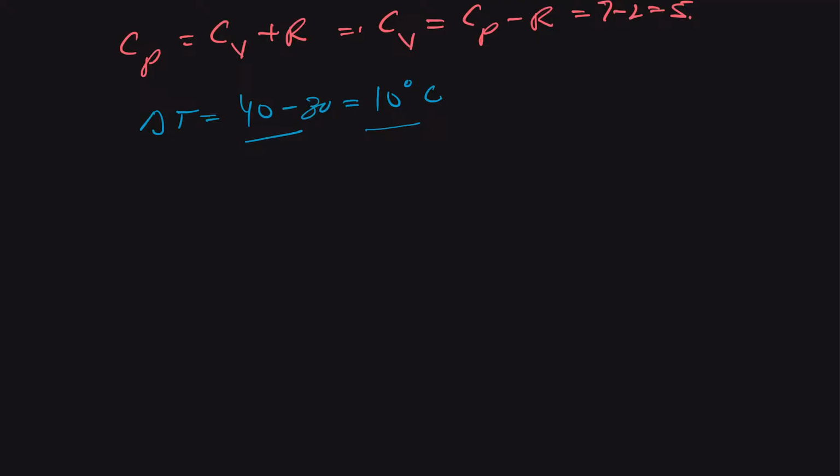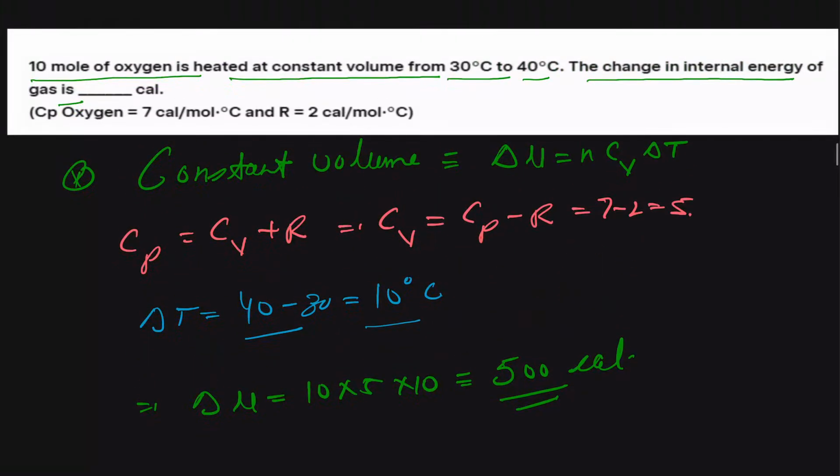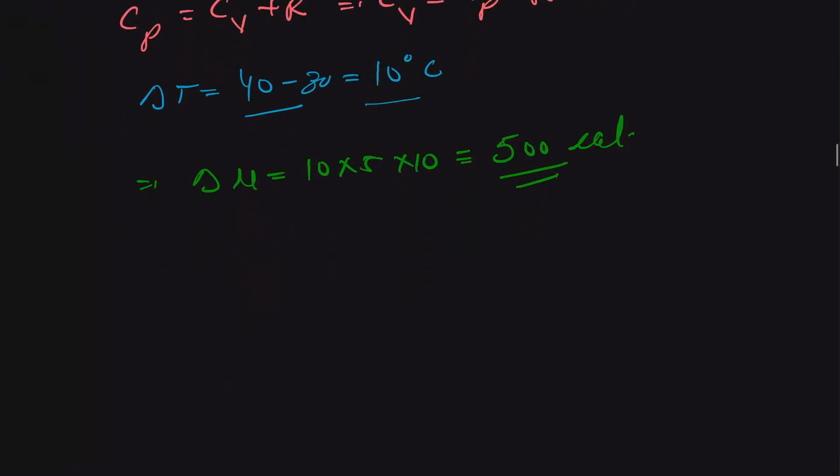Therefore, we can say that our change in energy will be equal to 10 into 5 into 10, which gives us 500 calories. So this is our change in internal energy. And in case the work done is being asked, it is a constant volume, so work done will be equal to 0.